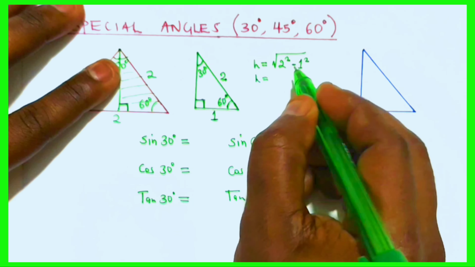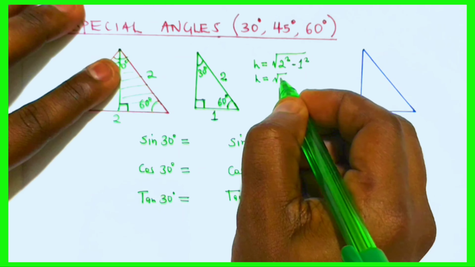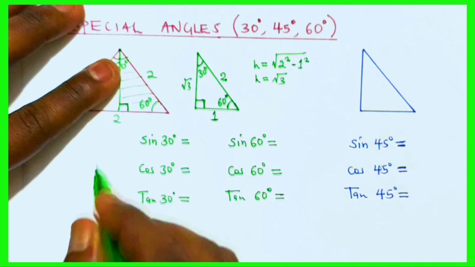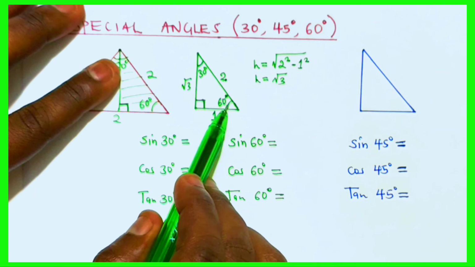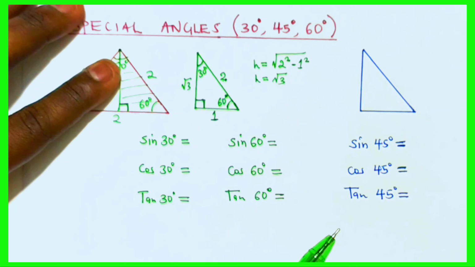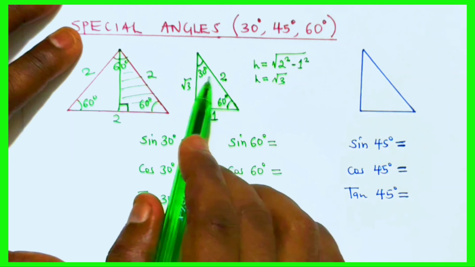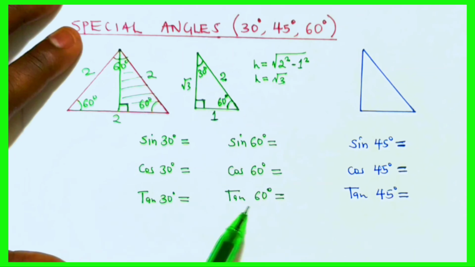So the height will be the square root of 4 minus 1, which is simply root 3. Now I've got a right angle triangle where I've captured all the angles and all the sides have also been represented. Now I can use this information to come up with the sine, cosine and tangent of these angles.